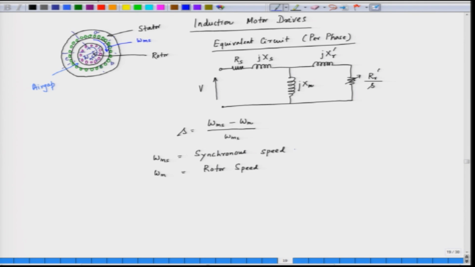Omega ms is the speed of the rotating magnetic field. The rotor will try to catch up with the rotating magnetic field, because when a rotating magnetic field is produced, the rotor has conductors, and the conductors are short circuited, and this short circuited conductor will have an induced EMF.